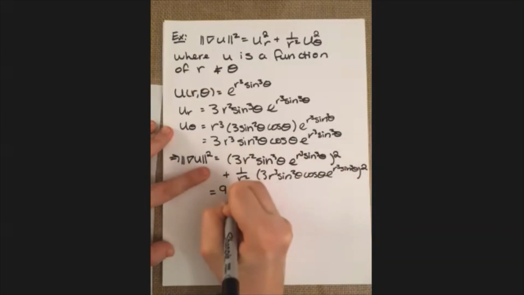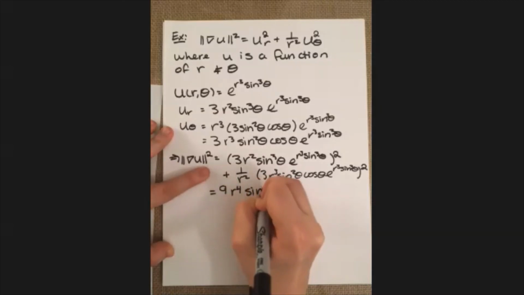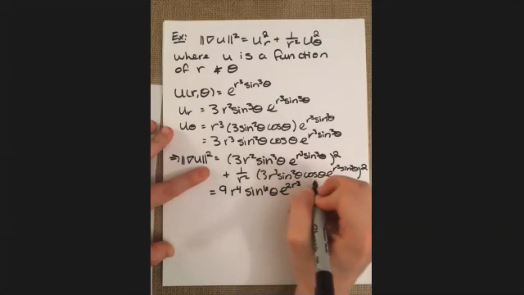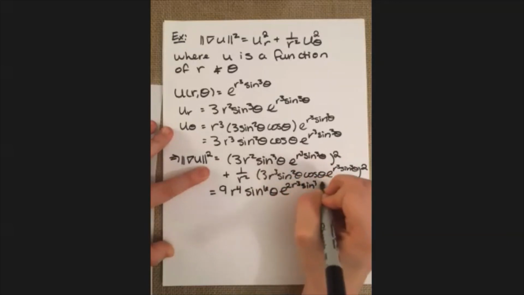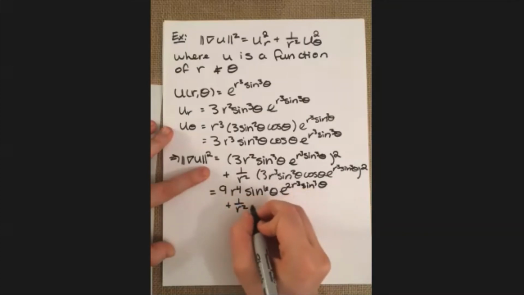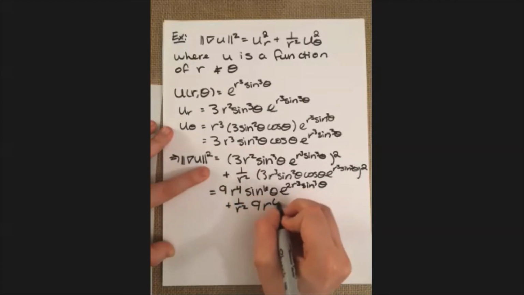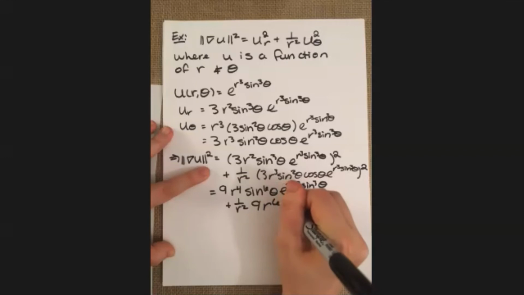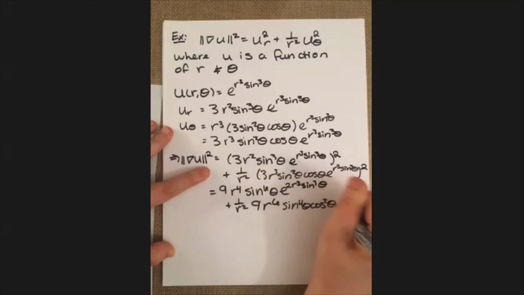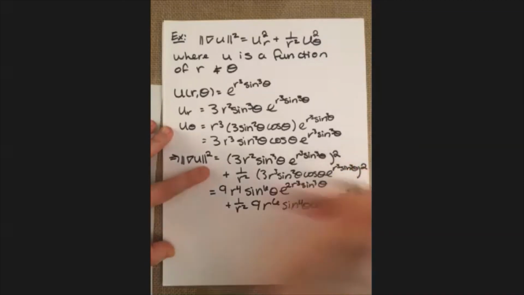We get 9r to the 4th sine to the 6th theta e to the 2r cubed sine cubed theta, and then plus 1 over r squared, 9r to the 6th sine to the 4th theta cosine squared theta, and then e to the r cubed sine cubed theta, and this is actually times 2.